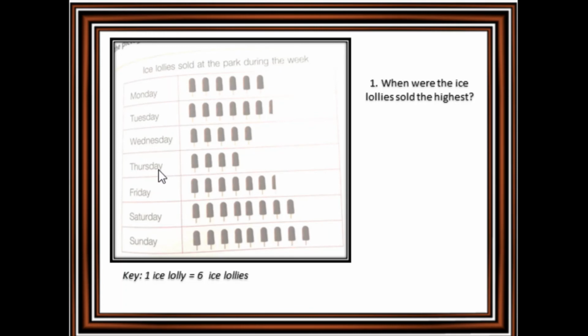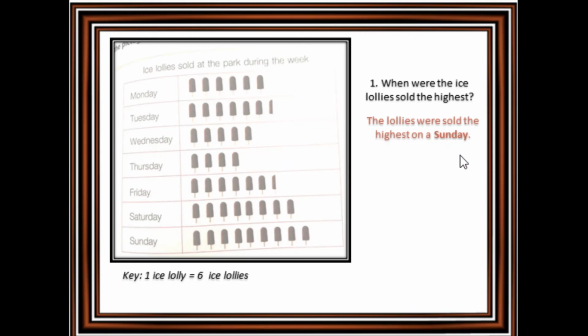Is it Thursday? No, it's not. On Thursday, ice lollies were few only. Is it Saturday? Saturday is quite many, but there is still one day with many more. We have Sunday. So our answer, the lollies were sold the highest on a Sunday.